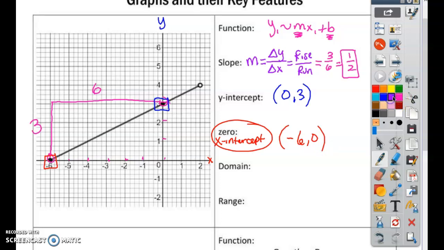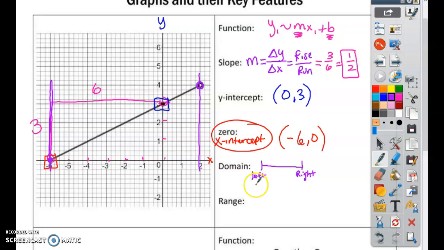The domain goes from left to right, like this. So this one goes from -6 all the way to 2. It touches at -6 because it's a closed circle. And it does not touch at 2 because it's an open circle.